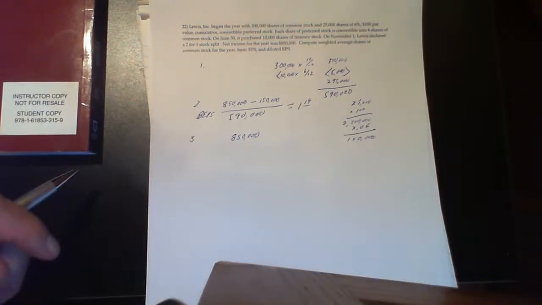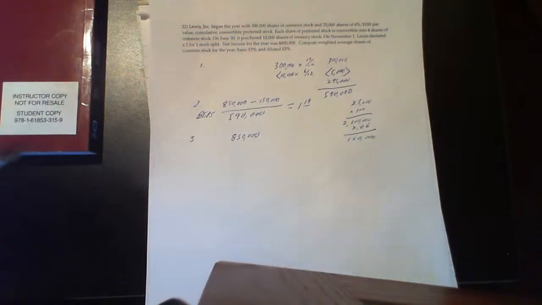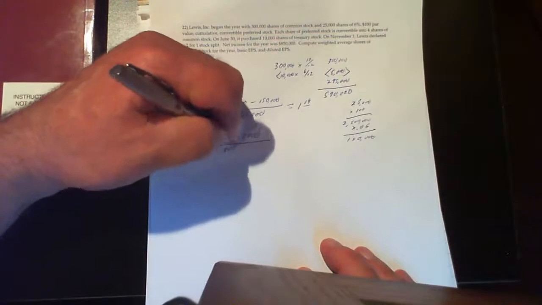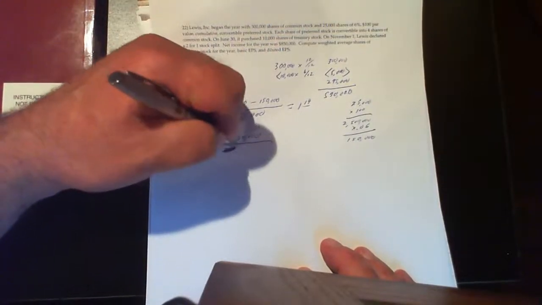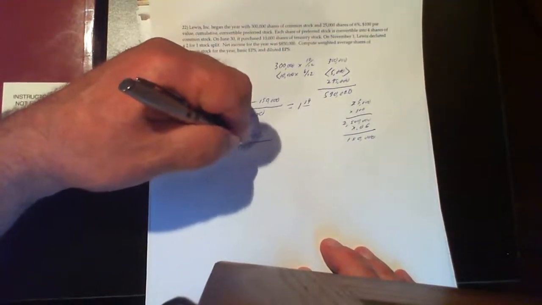Each stock is convertible into 4 shares of common. And so we would have the 300,000, the 590,000. But remember, instead of 4 shares, we had that stock split. And so that would be the same as 8 shares or 200,000.